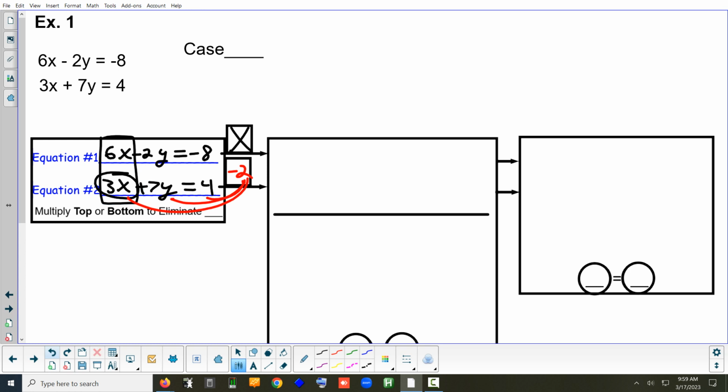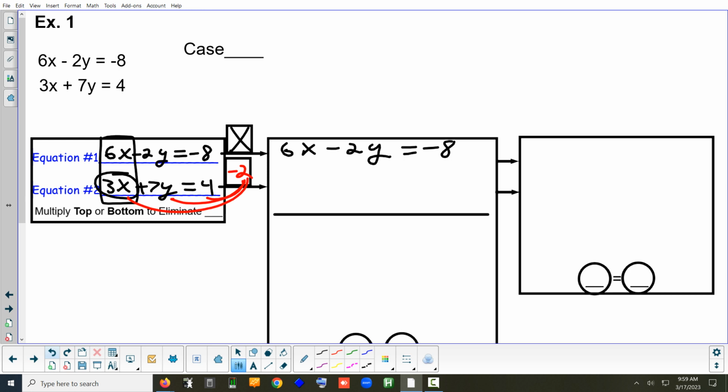So what am I going to do to equation 1 when I put it in this spot over on the right? You're just going to copy down the same one. 6x minus 2y equals negative 8. And now, what am I going to do to the bottom equation to copy it down on the right? I'm not just going to copy it the way it is.